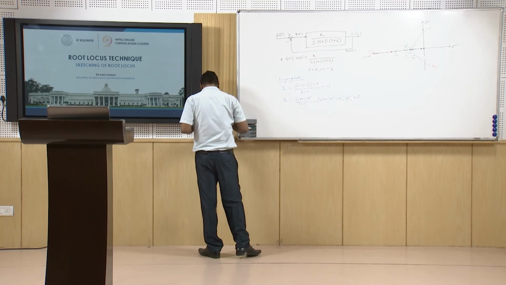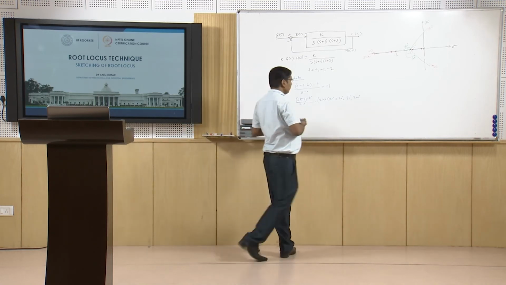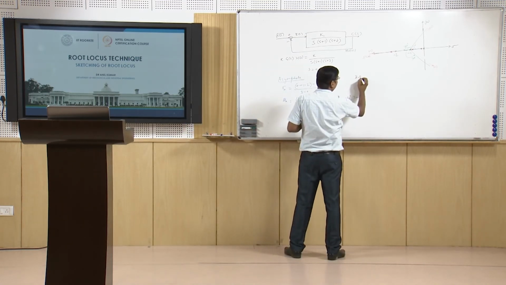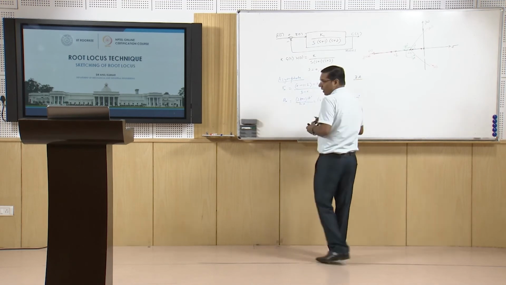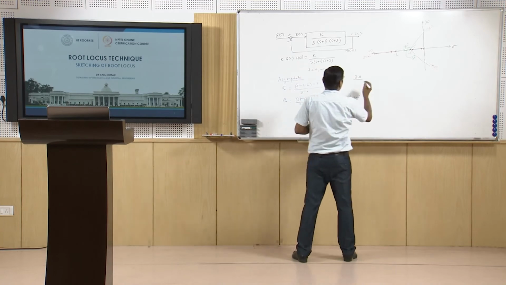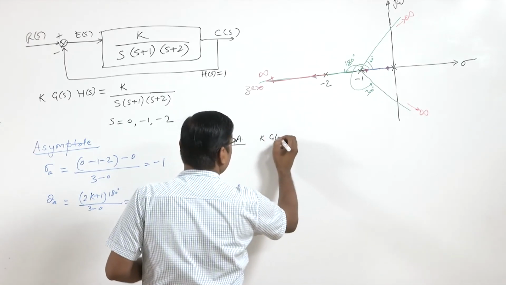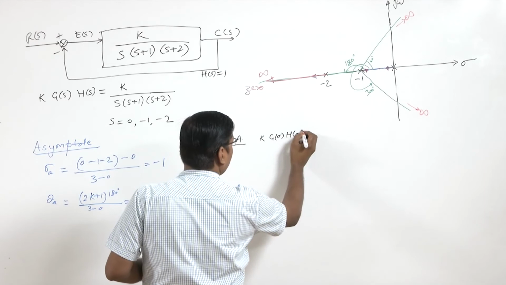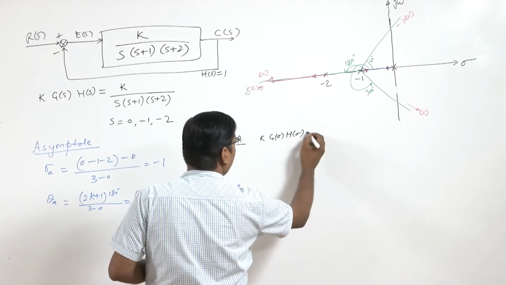So that breakaway point we can find. We know that K G(sigma) H(sigma) equal to -1.